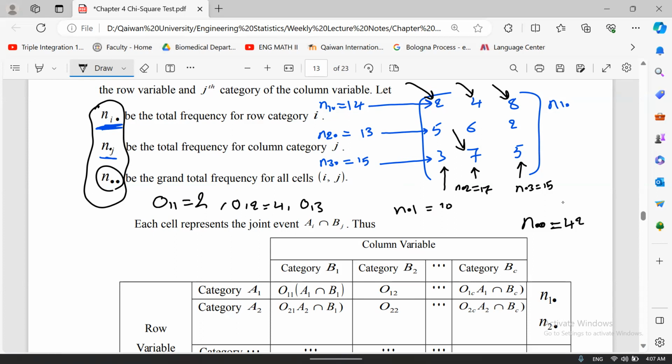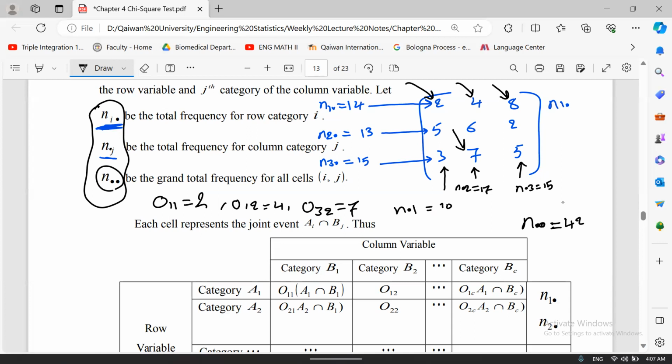It's O32, which is 7. These all are given. All the observed frequencies are given. We need to find the same number of expected frequencies as we have for the observed frequencies. We have 9 observed frequencies. We must have 9 expected frequencies.